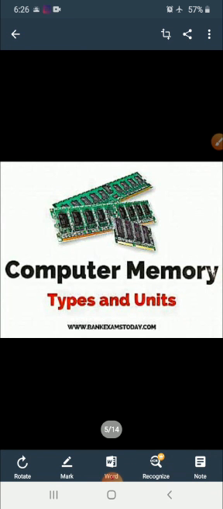Computer memory is classified into two categories: internal memory and external memory. Internal memory is also called the primary memory. Data and programs are stored temporarily as long as they are being executed. It is very fast and expensive but has limited storage capacity.